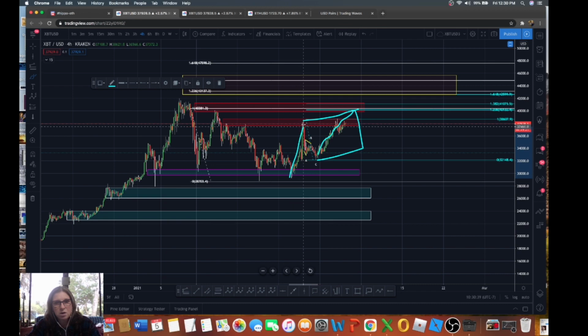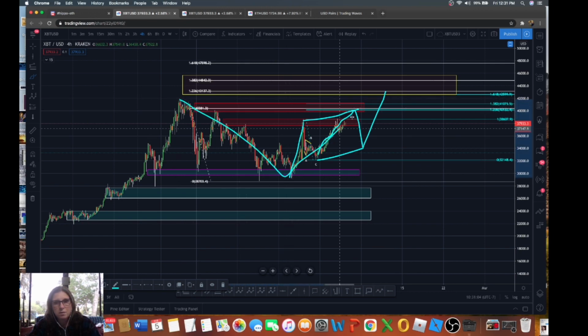And then that is our connector for here, which would bring us up into this white expanded B, which is being pulled from the bigger correction. And then we make a bigger flat that ends up doing this. That is one scenario.